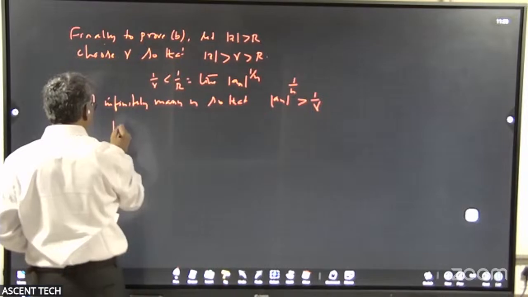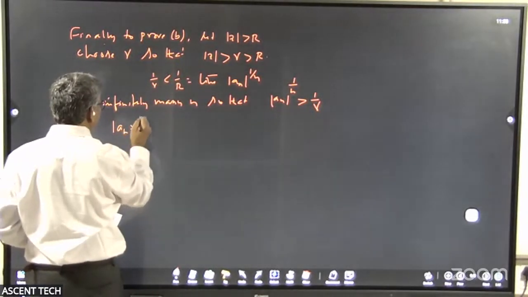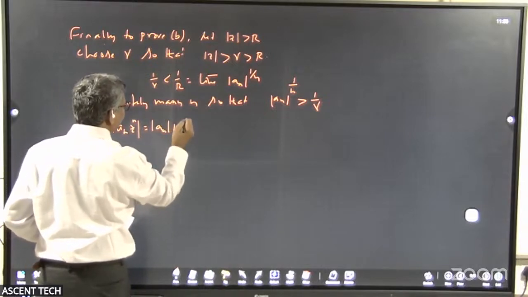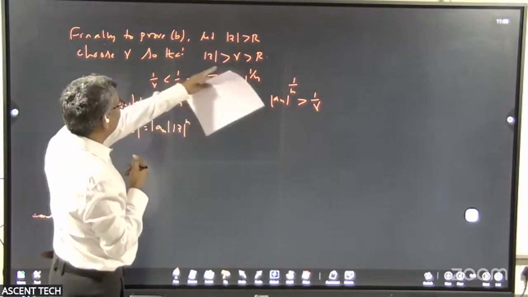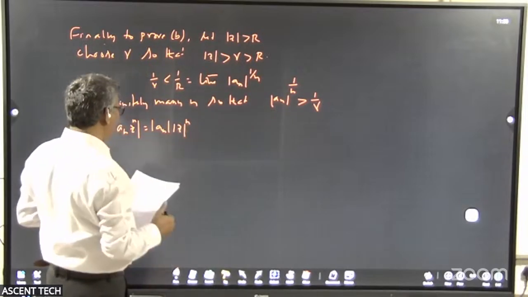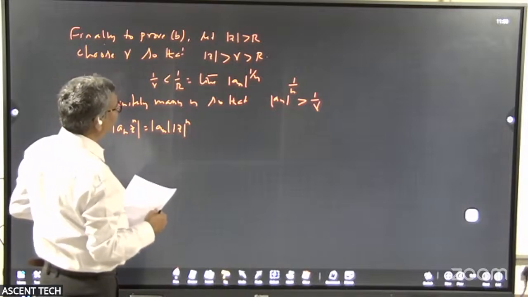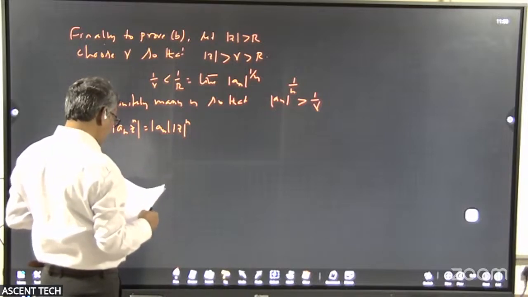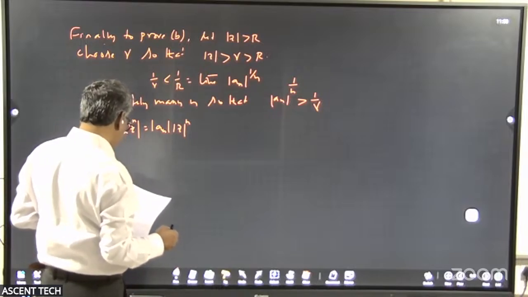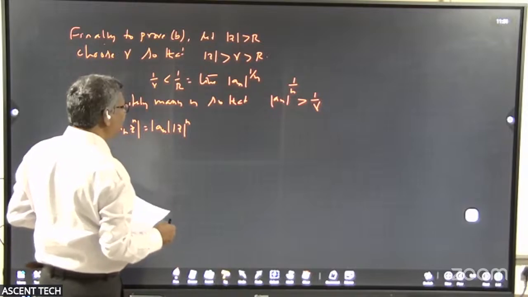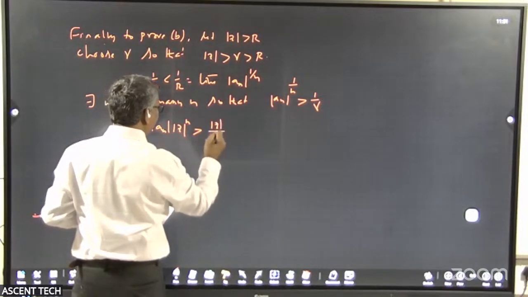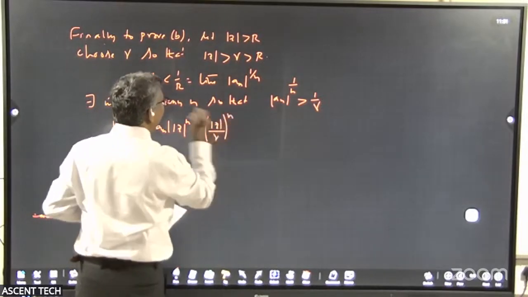So now let's start with mod an z raised to n, which is mod an into mod z raised to n. Mod z is greater than small r, and mod an is greater than 1 by r. So this is greater than mod z by r raised to n.